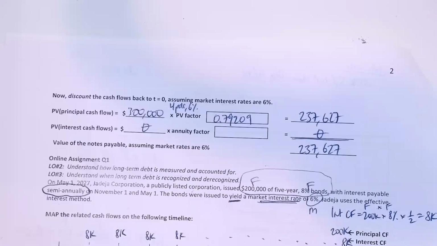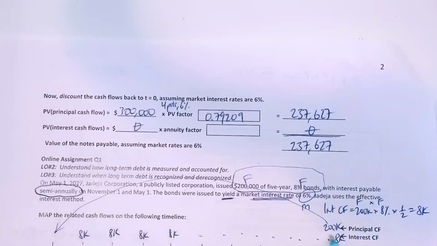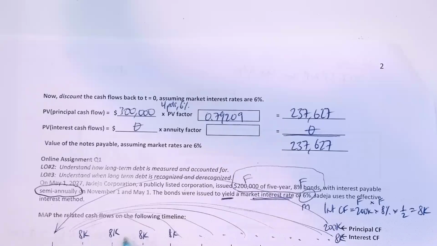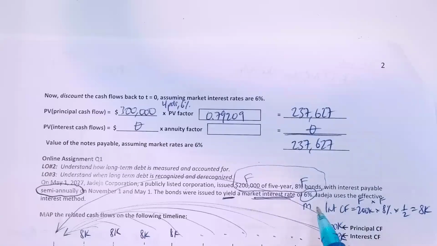When we're discounting these cash flows, the 200 back to today and all the 8s back to today, we need to use a semi-annual interest rate. So what is the semi-annual interest rate we will use? Luca? It will be 3% because we're going to take the market rate and divide it by 2.